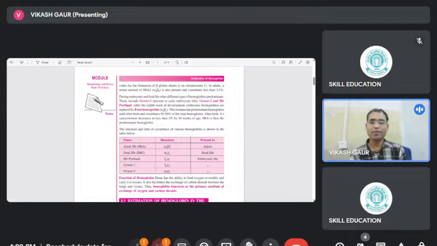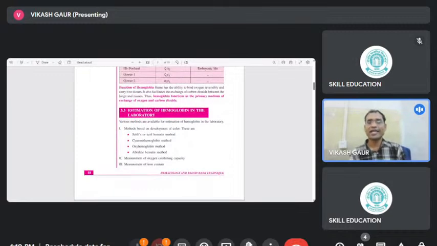Hb Portland, Delta, Gamma in embryonic life, and Gower 1 and Gower 2, Epsilon, Alpha 2. These are other abnormal hemoglobins also, but we find mostly HbA, which is adult hemoglobin, at about 96 to 99%.